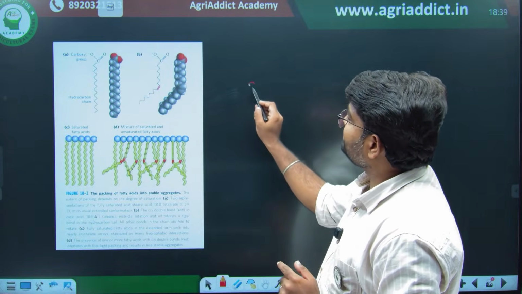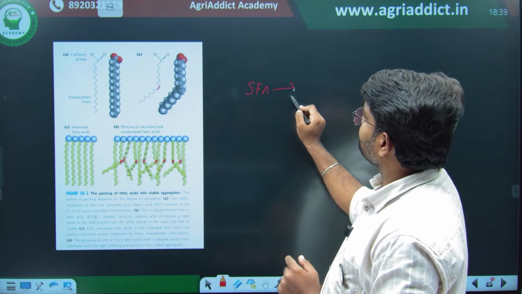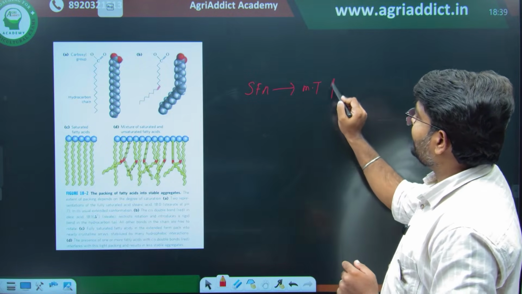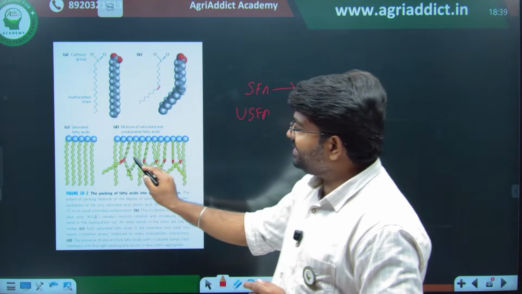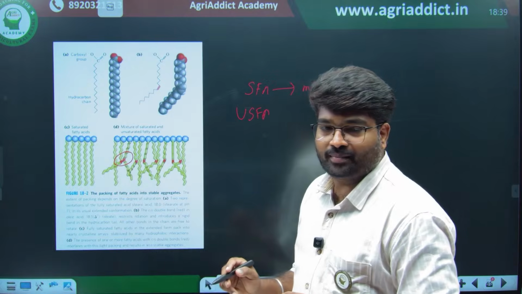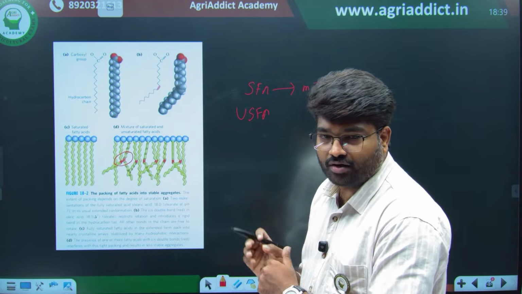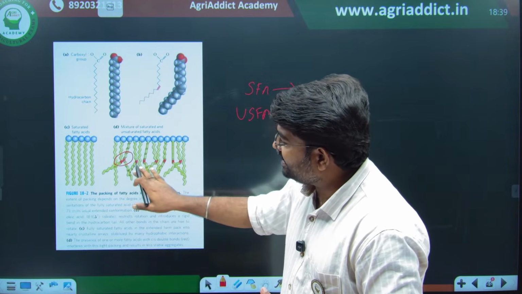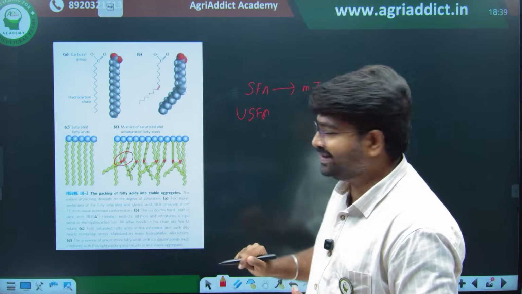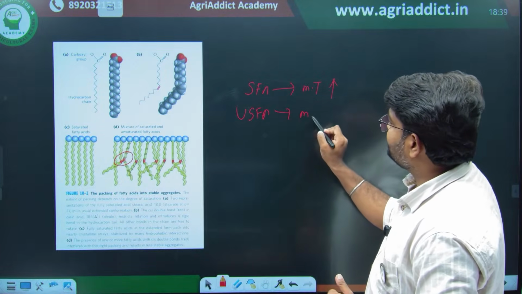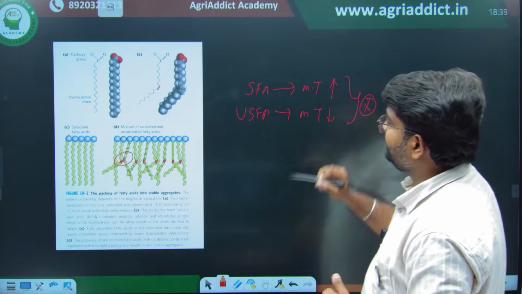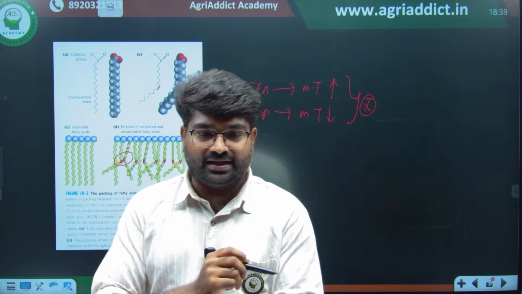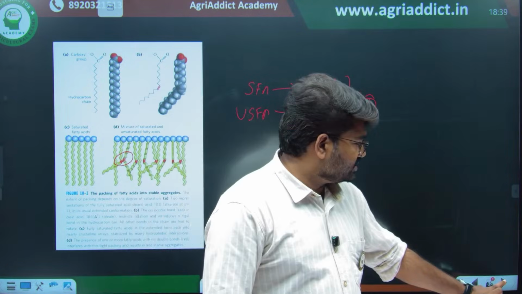In unsaturated fatty acids, the double bond makes kinks in the hydrocarbon chain, so efficient packing will not be there and the melting temperature will be decreased. These two are very important points.